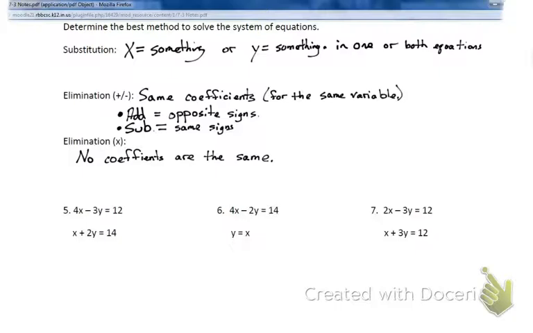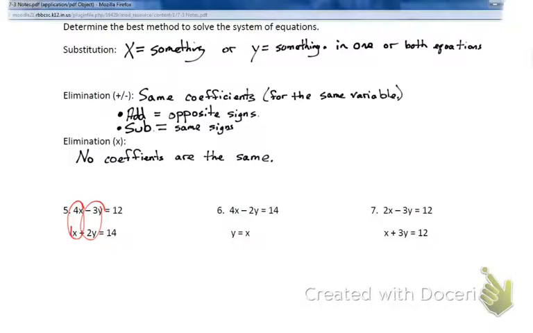Okay, here we go. Number 5, if you notice this problem, you do not have anything that says x equals or y equals right off the bat, so that eliminates substitution. You also do not have the same coefficients for the same variables. You have a 4x and then a 1x.